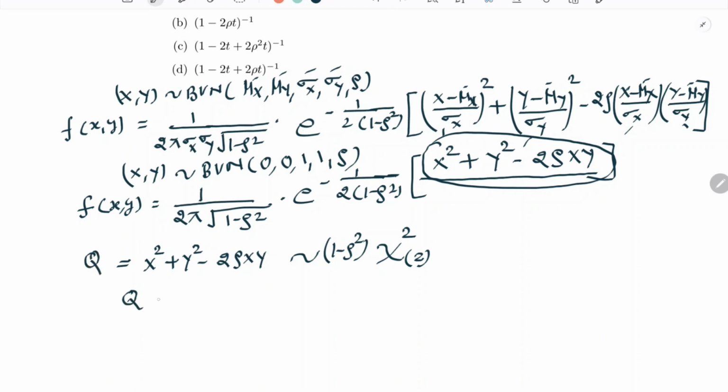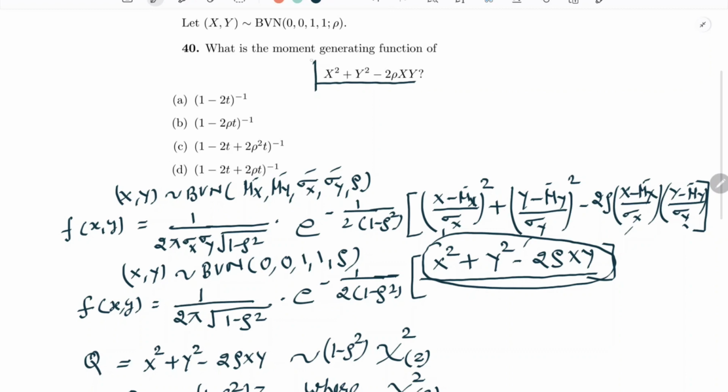So Q follows 1 minus rho square into Z, where Z is a variable that follows chi-square with 2 degrees of freedom.